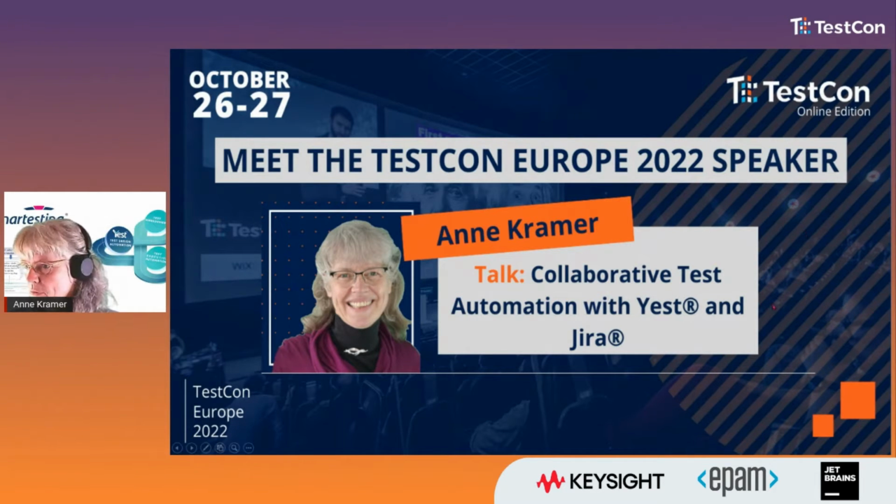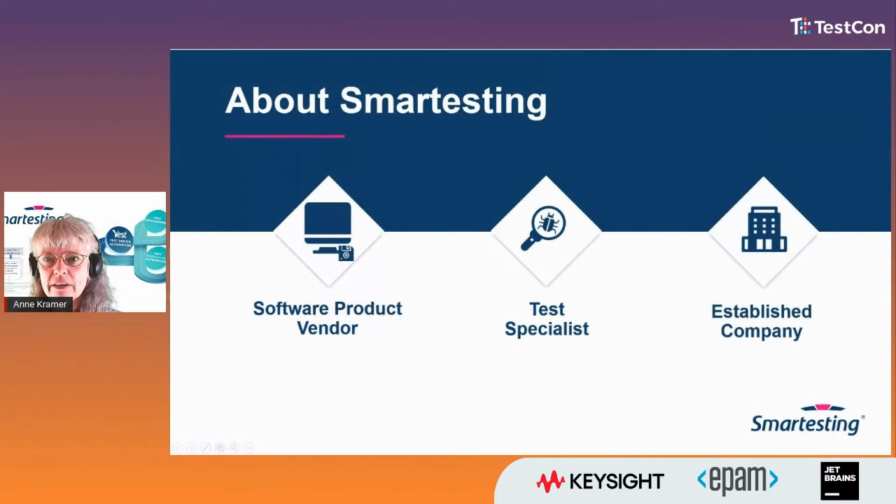So maybe to start, I should say some words about Smart Testing. Smart Testing is a French tool vendor. It's really a software product vendor and only a software product vendor. The complete name of the company is Smart Testing Solutions and Services, but the services are services around the tools we sell. The name is also the message.